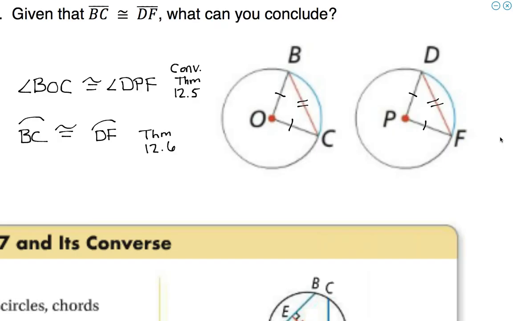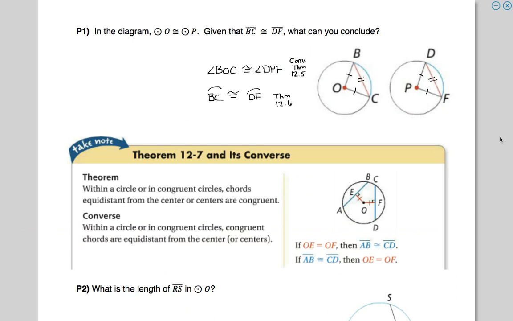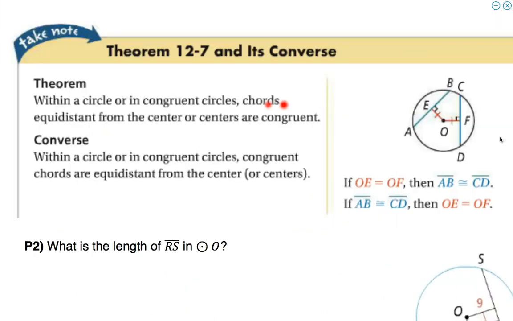We had two congruent circles, so that's why they keep saying that. Chords that are equidistant, there's another fun word, from the center or centers are congruent.